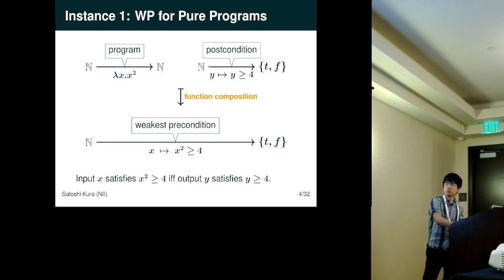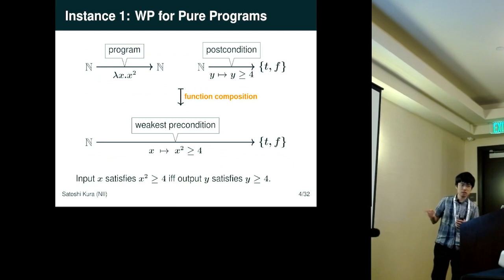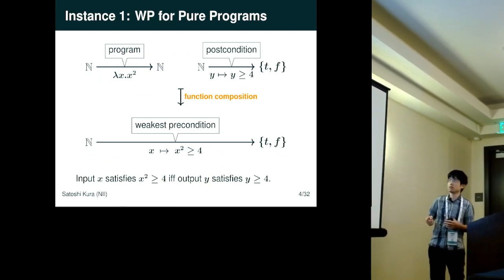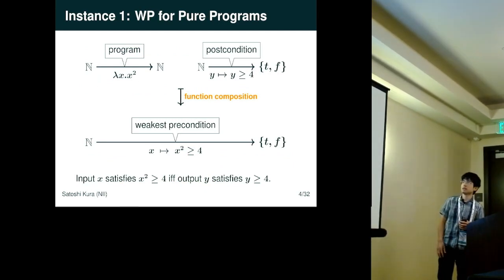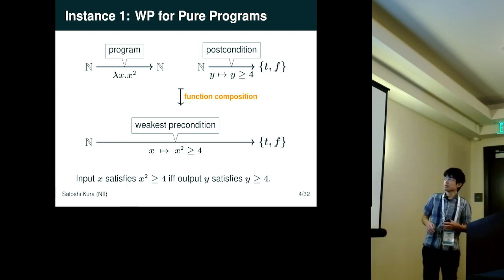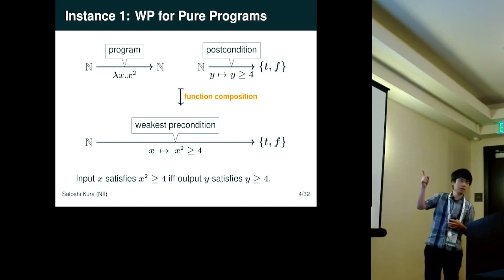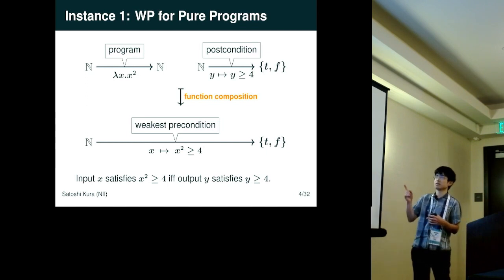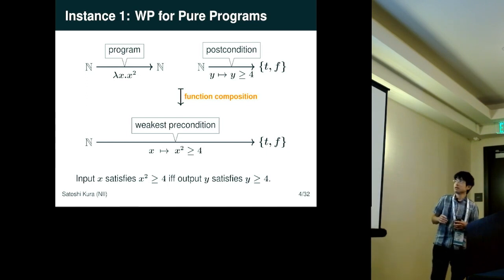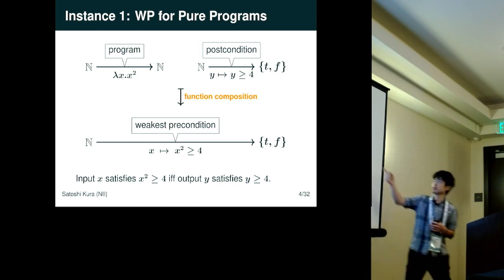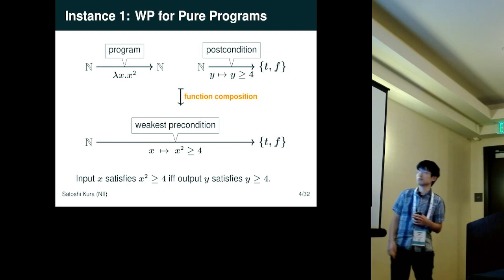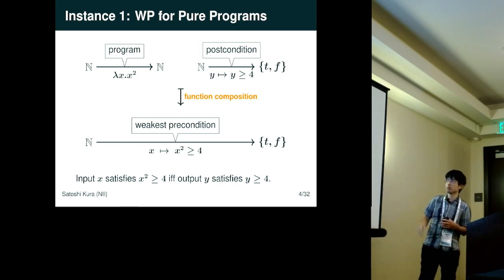I'm going to show you several instances of weakest preconditions. The first one is the weakest precondition for pure programs. For simplicity, let's consider a very simple program which takes an integer x and returns x squared. As a post-condition, consider the condition that output y is no less than 4.